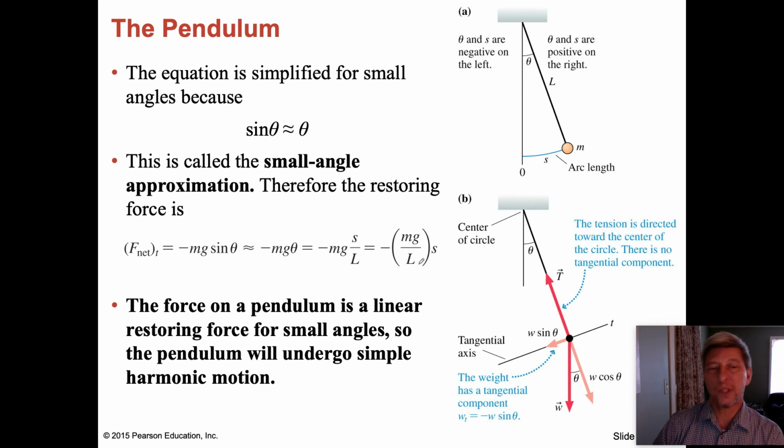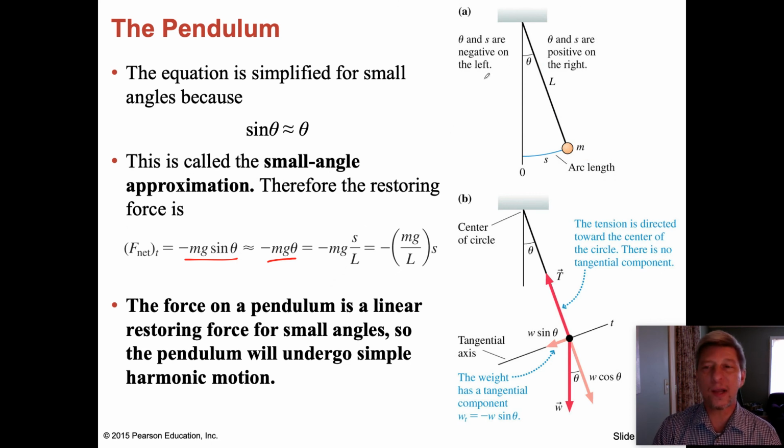The equation can be simplified for very small angles because the sine of theta will approximate theta. All right, this is a math thing that you should have learned and it's called the small angle approximation. And therefore, the restoring force, instead of being mg sine theta, is just negative mg theta.